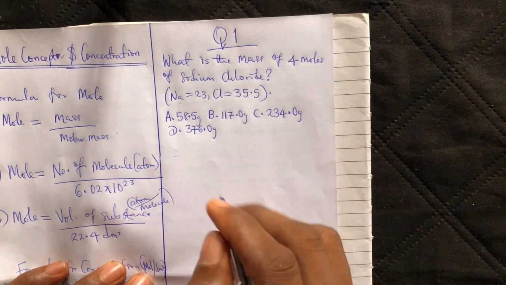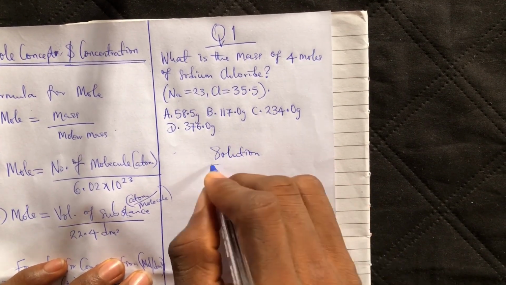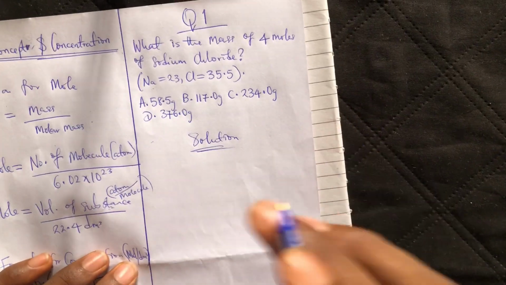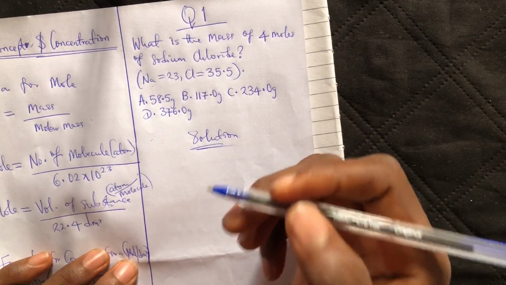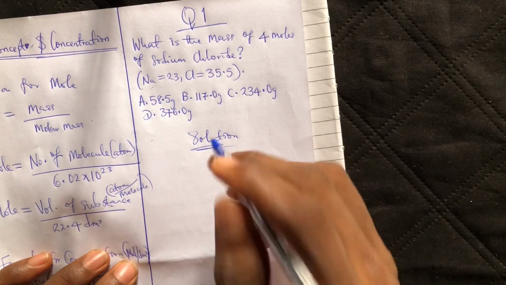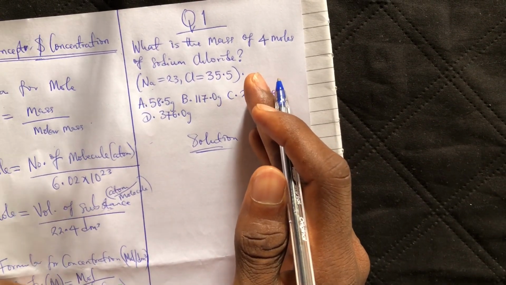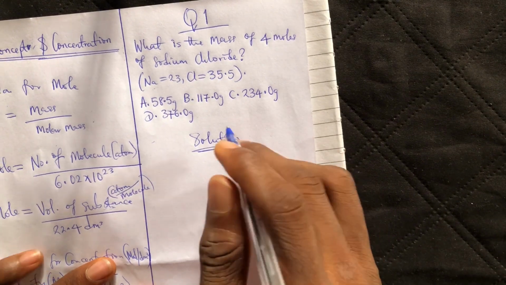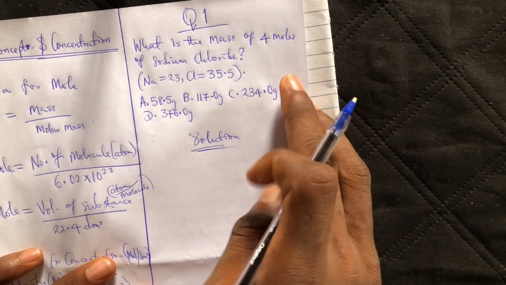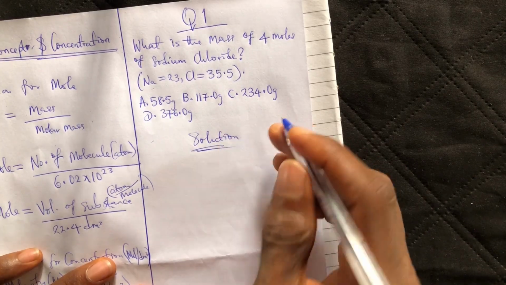Remember, the question says, what is the mass of 4 moles of sodium chloride? So the first thing we are going to do is to write solution. For us to know the particular formula from the list of formulas that will be able to solve this question, all we need to do is to list out all that is given to us.